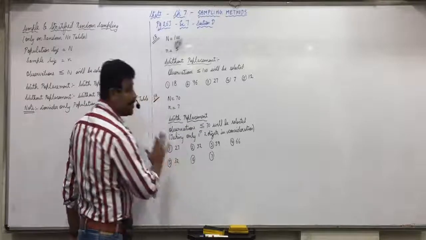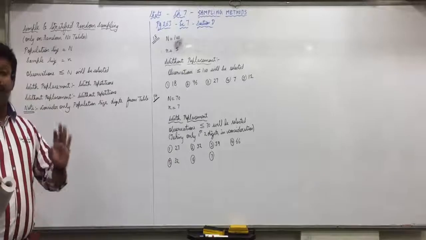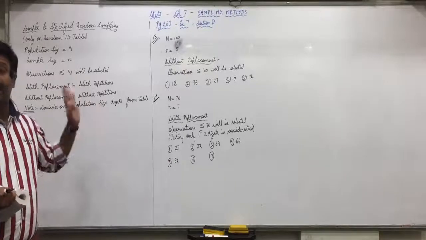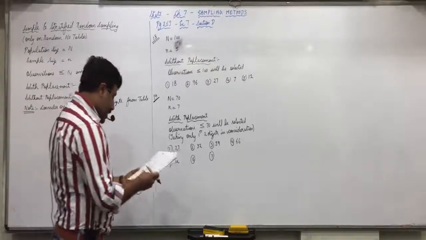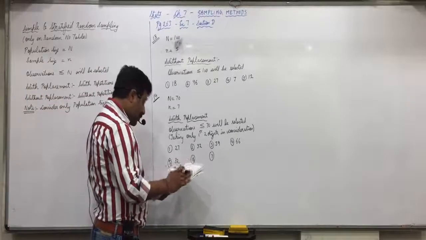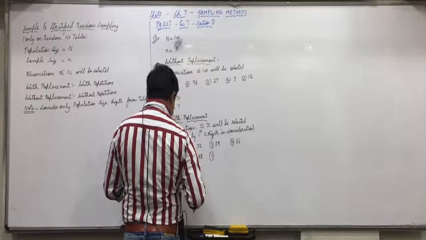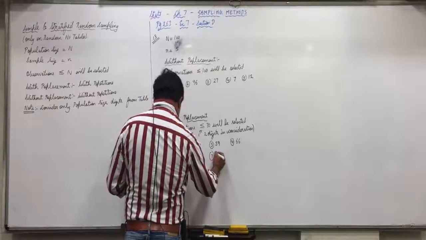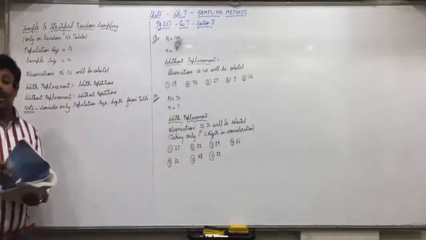Had it been without replacement, we would not have done it. If selection was to be done without replacement, then we would not have written this 32. Did you understand this? 910, 91? No. 484, 48? Yes. 786, 78? No. And 253, 25? Yes. So all are clear with this?